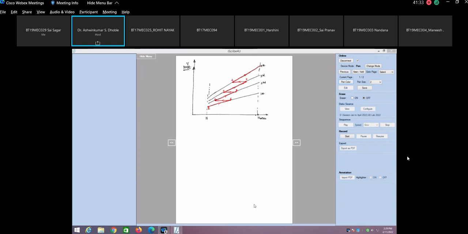Now respectively you will match this speed. Suppose this is your first gear shift, so you will note this RPM, whatever it is.